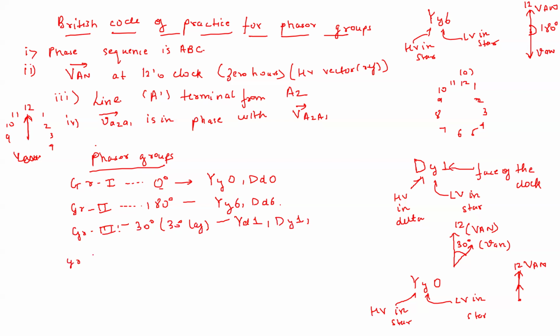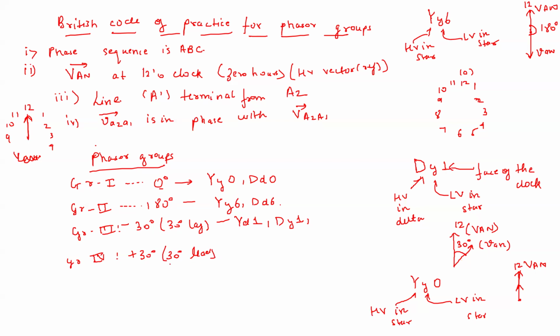Then we have group 4, which is plus 30 degrees or 30 degrees leading. Basically, this primary or high voltage location is fixed at 12 o'clock or 0 hours. So whatever angle, 0 degree, 180 degrees, minus 30 degrees, plus 30 degrees, we are telling for the secondary one, the small VAN.